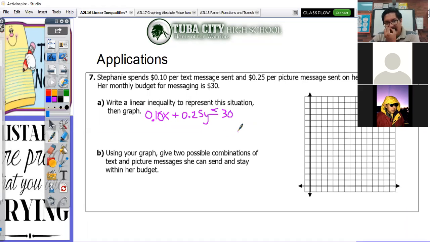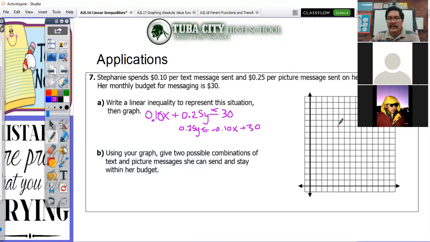All right, so graphing this. Oh no. 0.25y. And it looks like I'm going to have to minus 10 cents from both sides. So all I did was minus 10 here, minus 10 here. That's why it's on this side now.